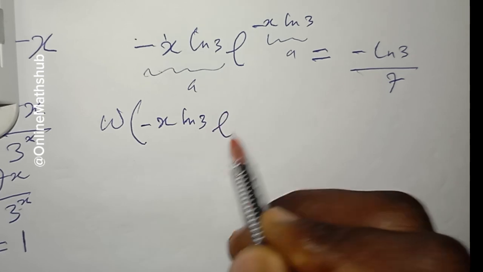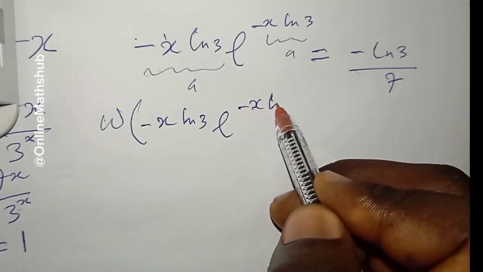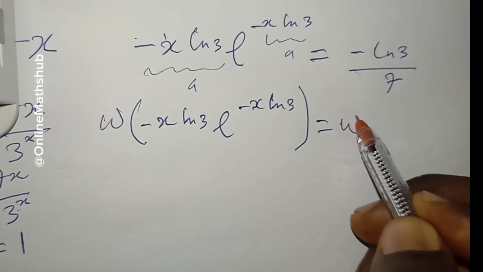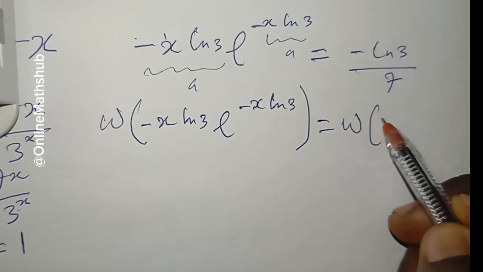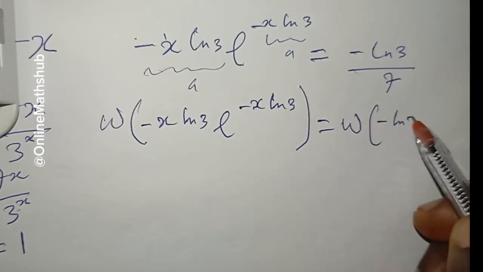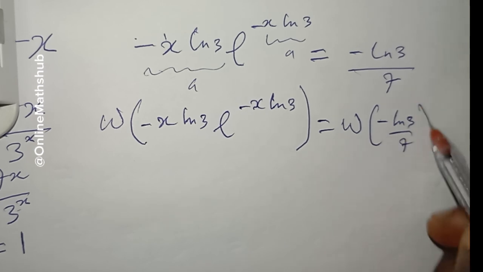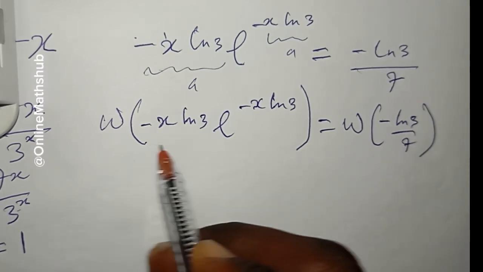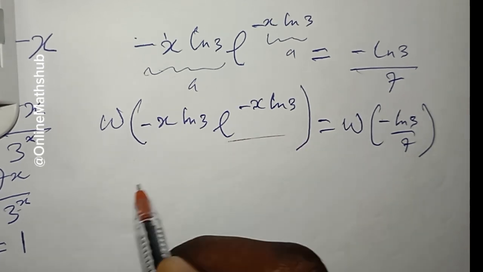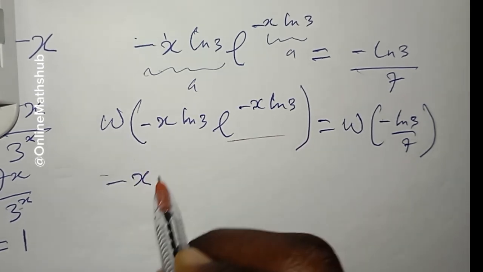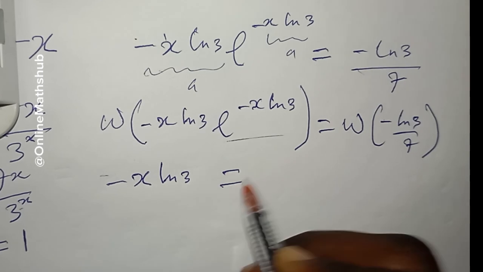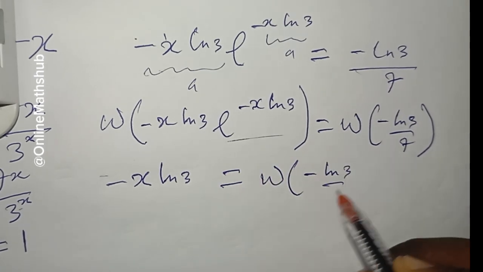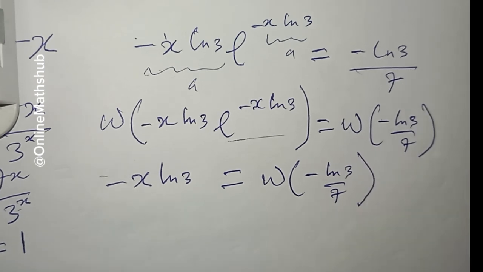Exponential minus x natural log of 3 is equal to the Lambda W function of negative natural log of 3 divided by 7. And then if I evaluate this whole thing, it's going to collapse to minus natural log of 3, which is equal to the Lambda W function of negative natural log of 3 divided by 7.